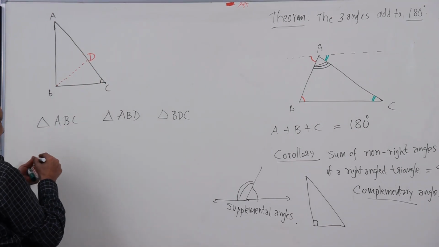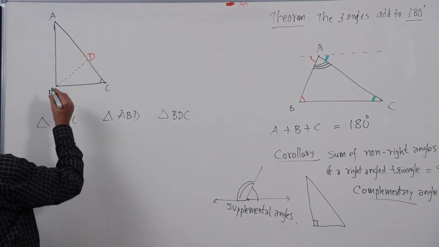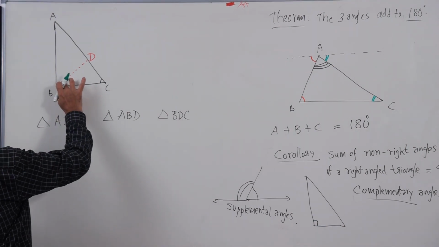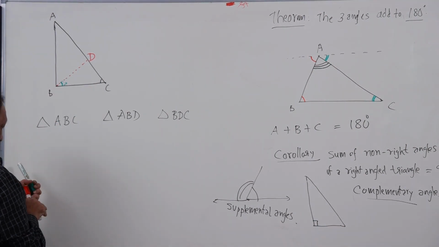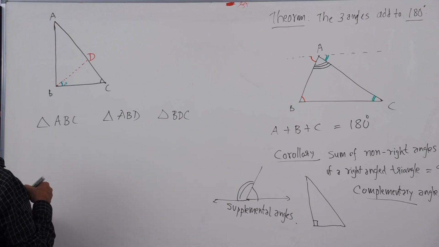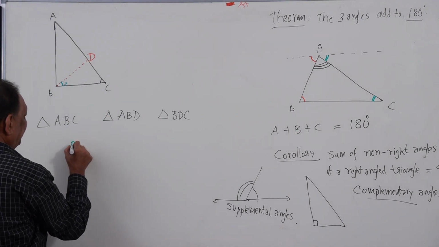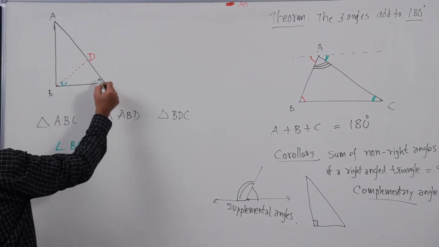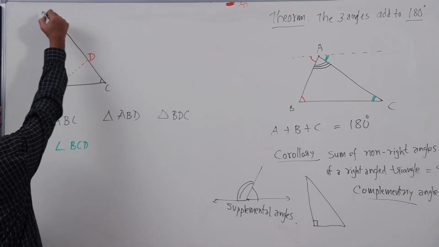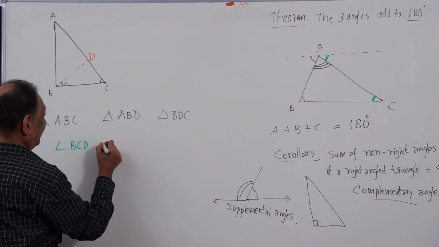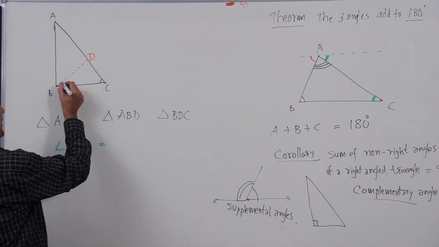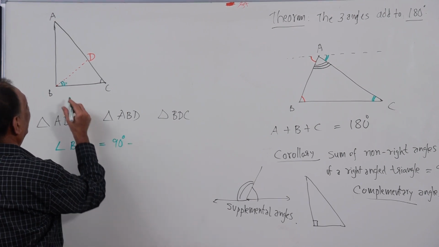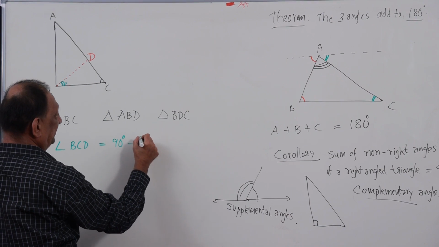Therefore, this is complementary to... how do we write that? I can write angle BCD. BCD or BCA, both are the same. Angle BCD is equal to the complement of DBC, that is 90 degrees minus angle DBC.